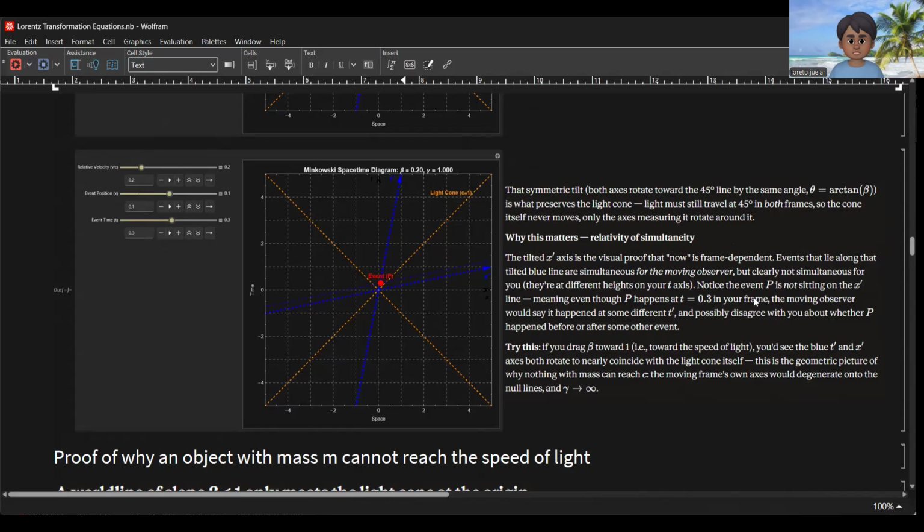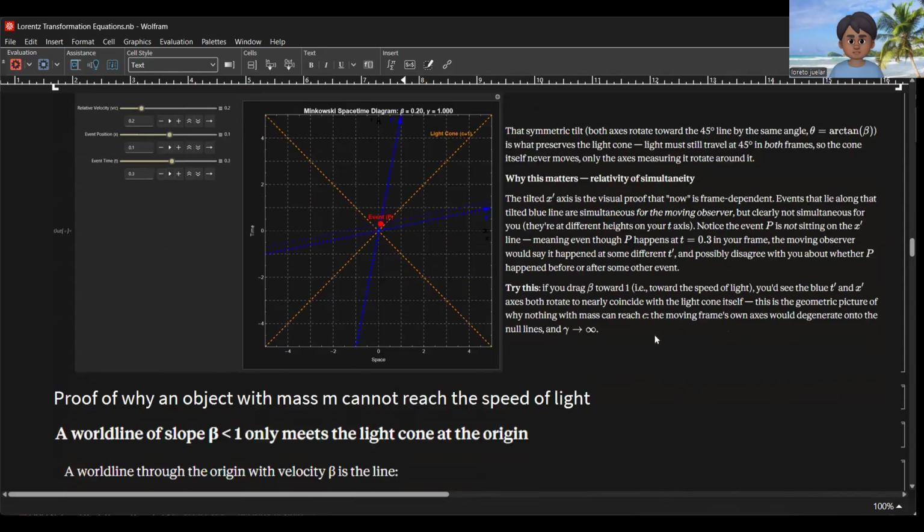Notice the event P is not sitting on the x prime line, meaning even though P happens at t equal to 0.3 in your frame, the moving observer would say it happened at some different t prime and possibly disagree with you about whether P happened before or after some other events.